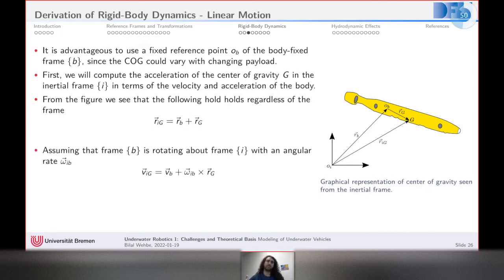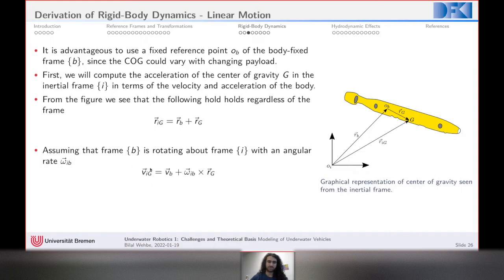And assuming that the body is also rotating with an angular velocity, we take the time derivatives of this relation. Another assumption is that at the moment that we are deriving these equations, the center of gravity, or this r_G vector, is fixed. So the center of gravity is not moving, and basically the time derivative of r_G itself is 0. And then we're going to arrive at this formula.